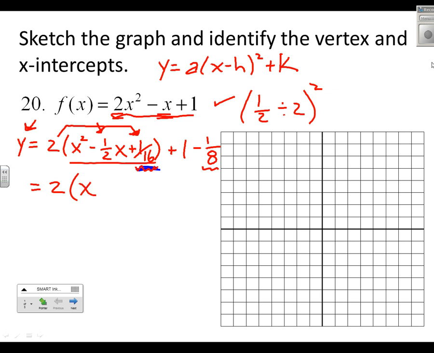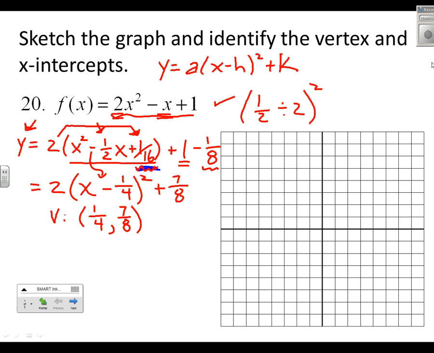All's fine, but what I ultimately gained by this was this is now a perfect square. This is x minus the square root of 1/16, 1/4, squared plus 8/8 minus 1/8, 7/8. Let's take a look. So I have a vertex at positive 1/4 and up 7/8.